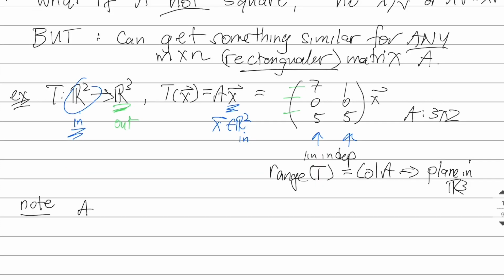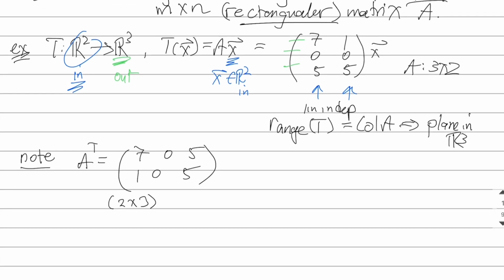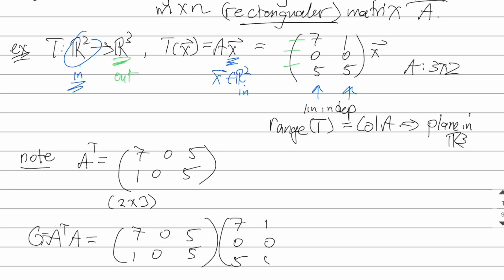If I take my matrix, it's 3 by 2. Its transpose is essentially going to flip the rows and columns. The transpose is 2 by 3. And if I define a new matrix, let's call this new matrix G, and we'll go A transpose A. So at this point, what you should see is that we are now going to have a brand new matrix when we multiply this through.